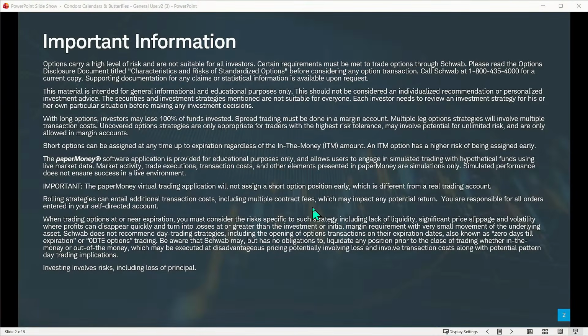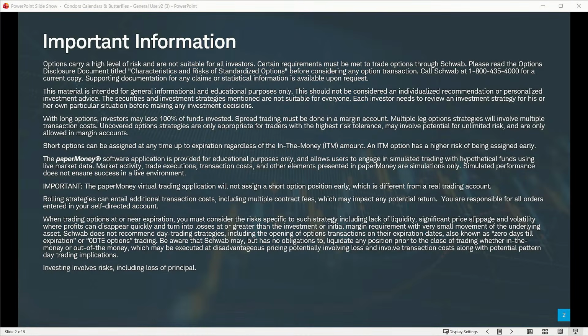But before I do so, let me just remind you, options do carry a high level of risk and are not suitable for all investors. And you do need to be options approved, and there are different options levels of approval you need to go through at Schwab. The material today is for general informational and educational purposes only. Short options can be assigned at any time up to expiration, regardless of the in-the-money amount. In the paper money application, which is what we're going to be using today, the thinkorswim desktop software, paper money is for educational purposes only.